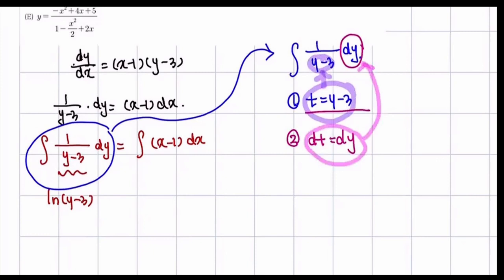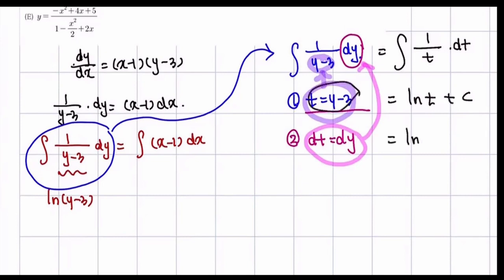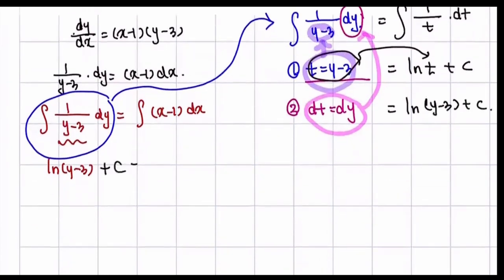So you can rewrite the integral. This is 1 over t, this is dt. So this is simple. This is ln t plus c. Plug in the original value, so ln of y minus 3 plus c. This part is x squared over 2 minus x plus c, c1, c2.